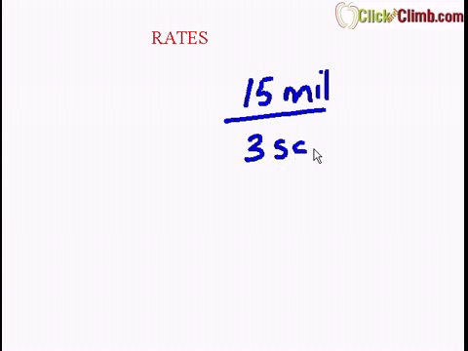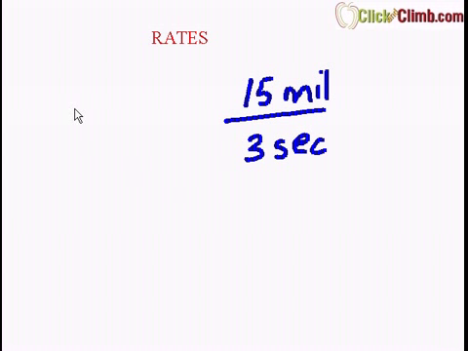So what is a rate? A rate is a ratio of two measures that have different units. Now two measures can be two different units such as 15 miles and 3 seconds. These are two different units, miles and seconds.